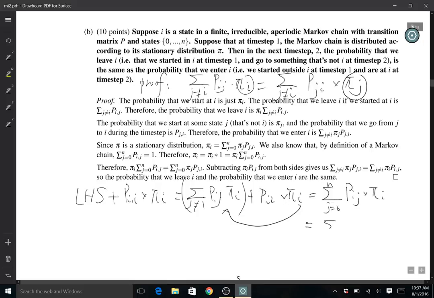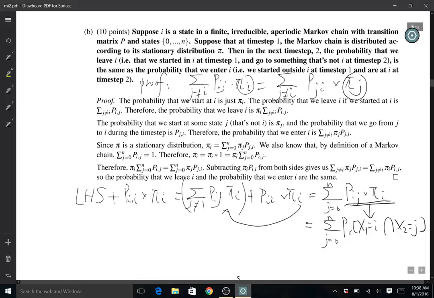This is equal to the probability that X1 equal to i intersect X2 equal to j, right? Because Pij is the probability that given X1 equal to i, X2 equals j.